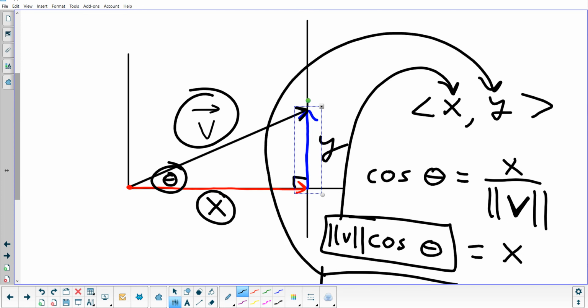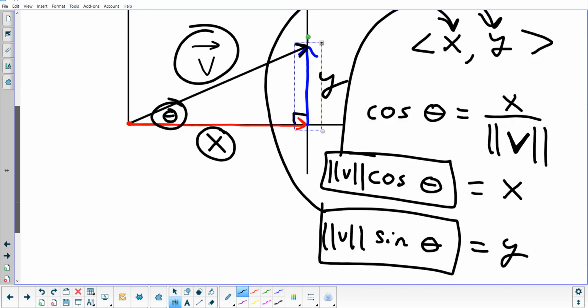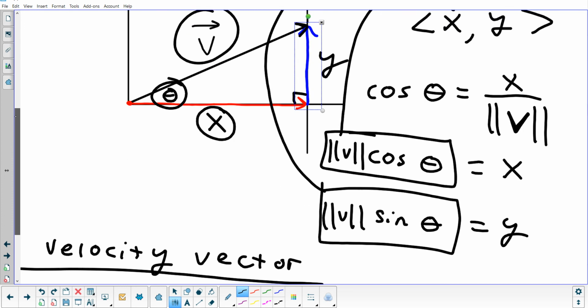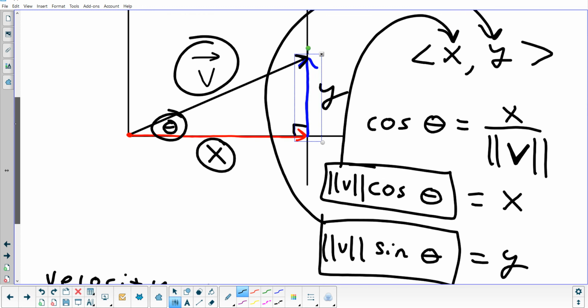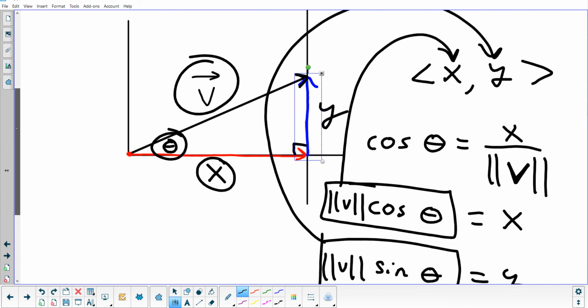So now we can write our velocity vector. Let's do it two different ways. We can do it as an algebraic vector, or we can do it with i and j. i and j is more common, but I'll start this way. So the formula for a velocity vector: you can do magnitude of v cosine theta, comma, magnitude of v sine theta.